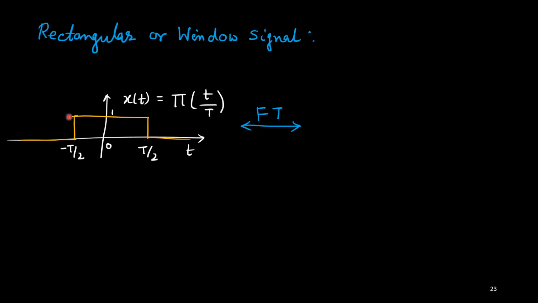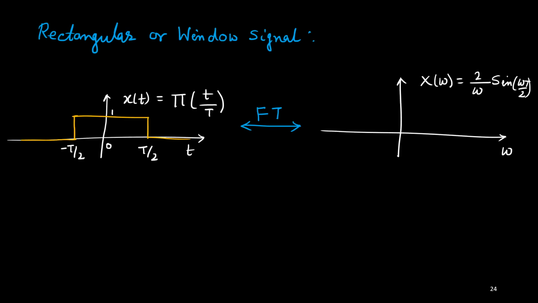Now this is the rectangular or window signal in time domain, and its Fourier transform we can sketch. So this function X of omega is 2 upon omega sine of omega times capital T upon 2.